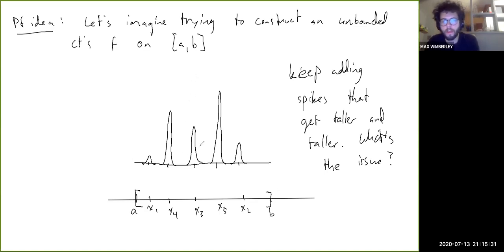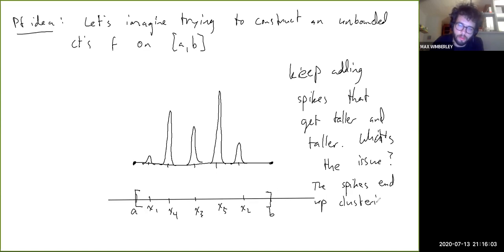What goes wrong? Well, the problem is that because this function is defined on a closed interval, it turns out that for some deep reasons, there isn't enough room in this set to create an infinite number of spikes, okay? Because what will happen is these spikes end up clustering around at least one point in AB.